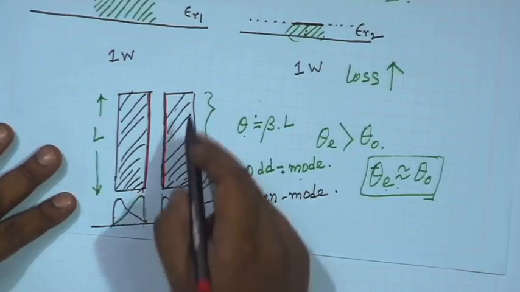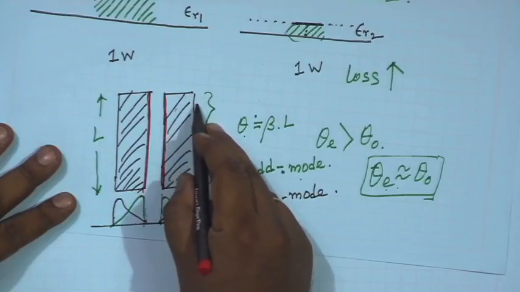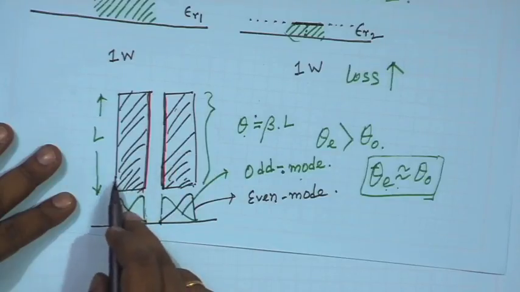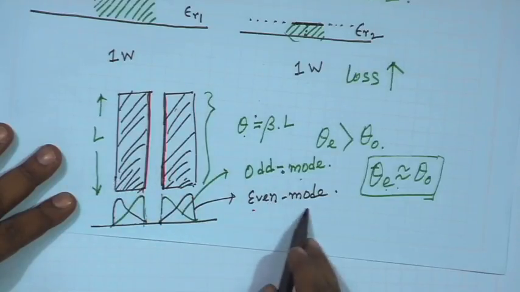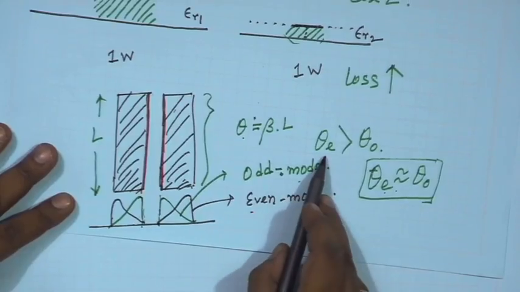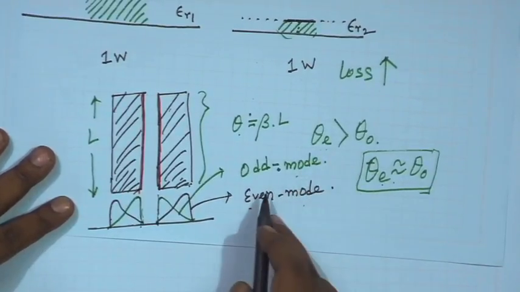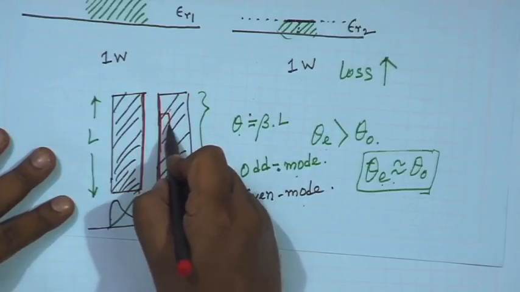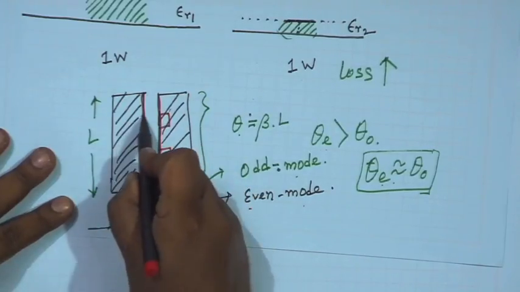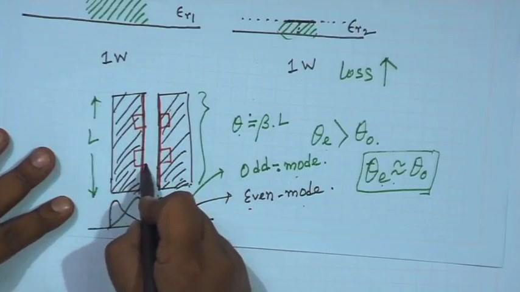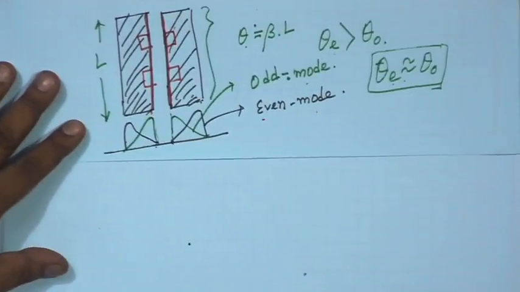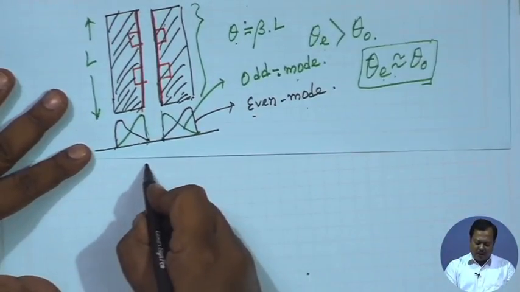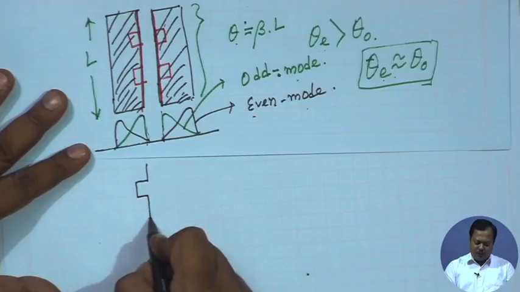If I add any perturbation on the outer edges, it is going to affect mainly my even mode characteristics. Now, noting that theta E is more than theta O, what people do is intentionally cut some grooves. So, the resultant structure looks somewhat like this with grooves.